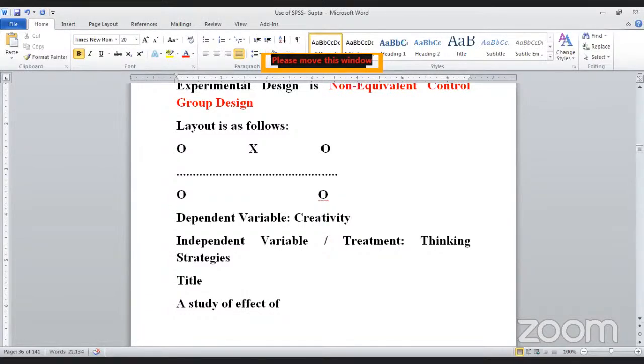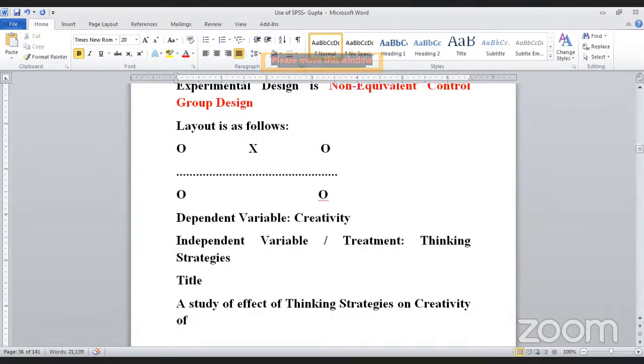effect of thinking strategies. A study of effect of thinking strategies on creativity of, do you want students or do you want teachers or do you want what?